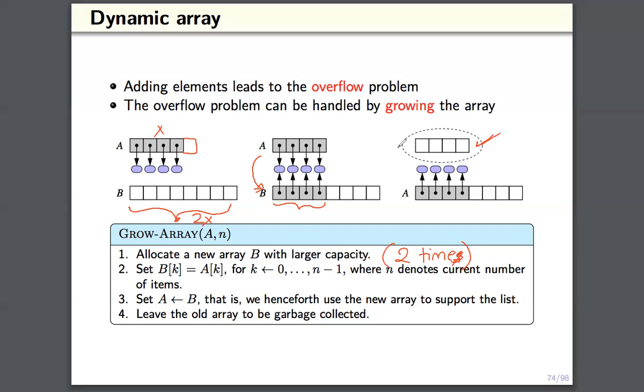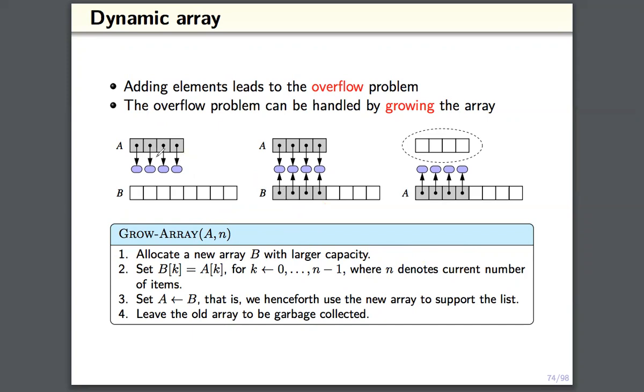And then set the pointer of the old array to the new array. That means we lost the pointer to the old array contents, right? That old array contents will be garbage collected later. You don't need to worry about it. Okay, so this is the logic behind the resize function.